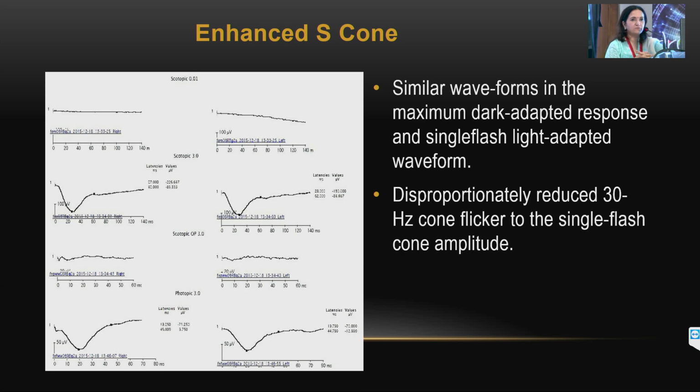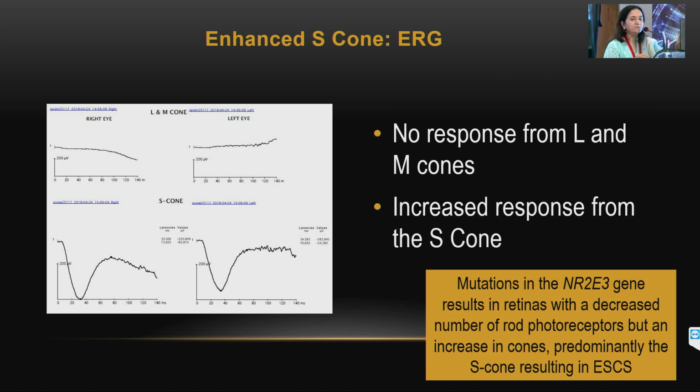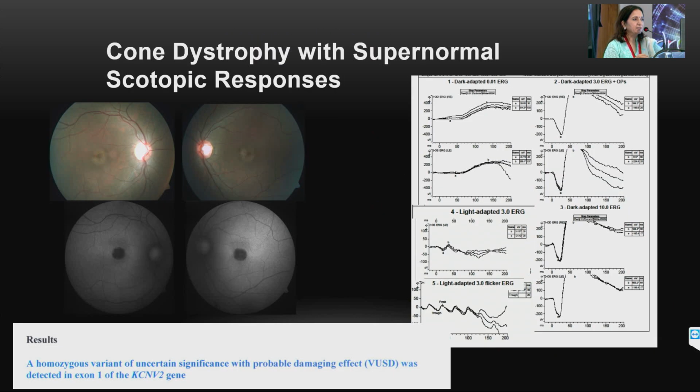There are three types of cones, L, M, and S. In this disease, L and M cones are absent, S cones are present. S cones behave more like rods, so the photopic and scotopic ERGs look identical, and this can be caused only by the NR2E3 gene. So by doing phenotyping, you know what the genetic defect is.